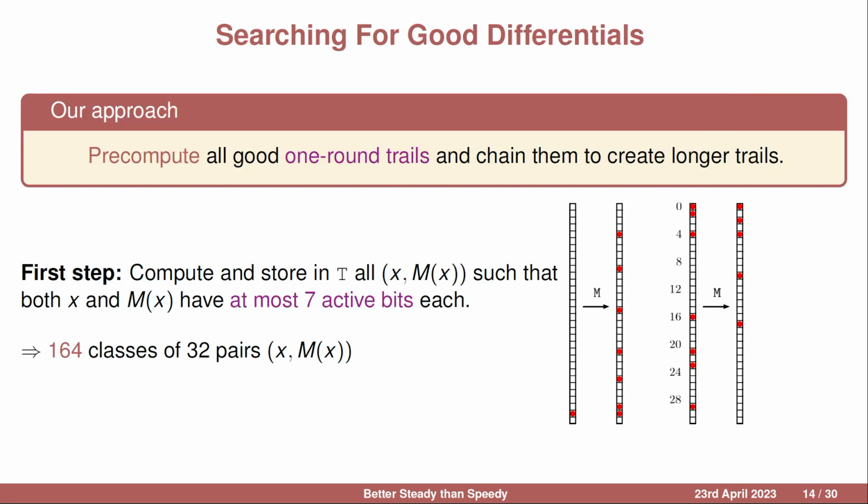With this, we can now try to compute some good trails. The approach is to pre-compute 1-round trails and chain them. The very first step is to build a table around the mix column operation. We gather pairs X, MX, with at most 7 active bits, and we store these in a table.